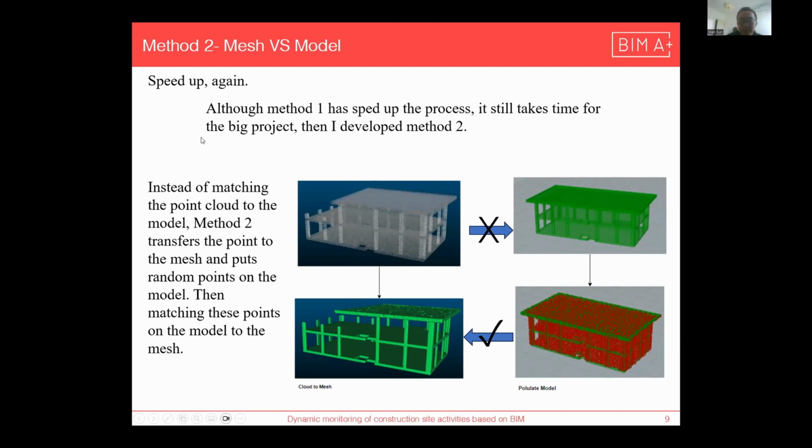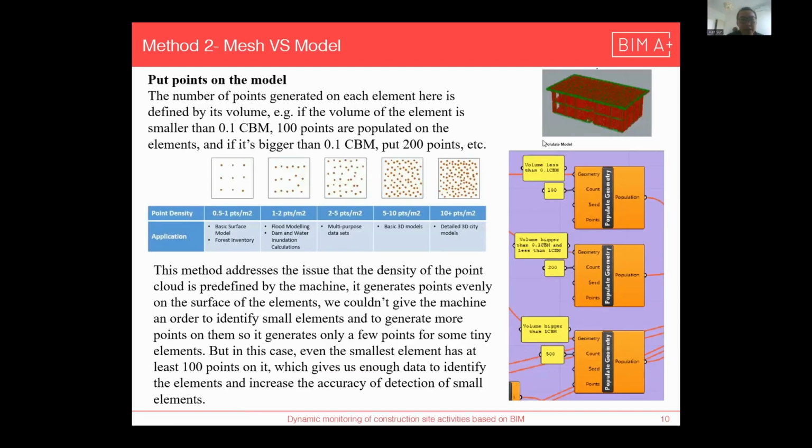Method two is, instead of matching the points to the model, I transfer the point cloud to a mesh and transfer the model to some kind of points, which is like I populate some points on the building elements, and the number of points on an element is defined by its volume.